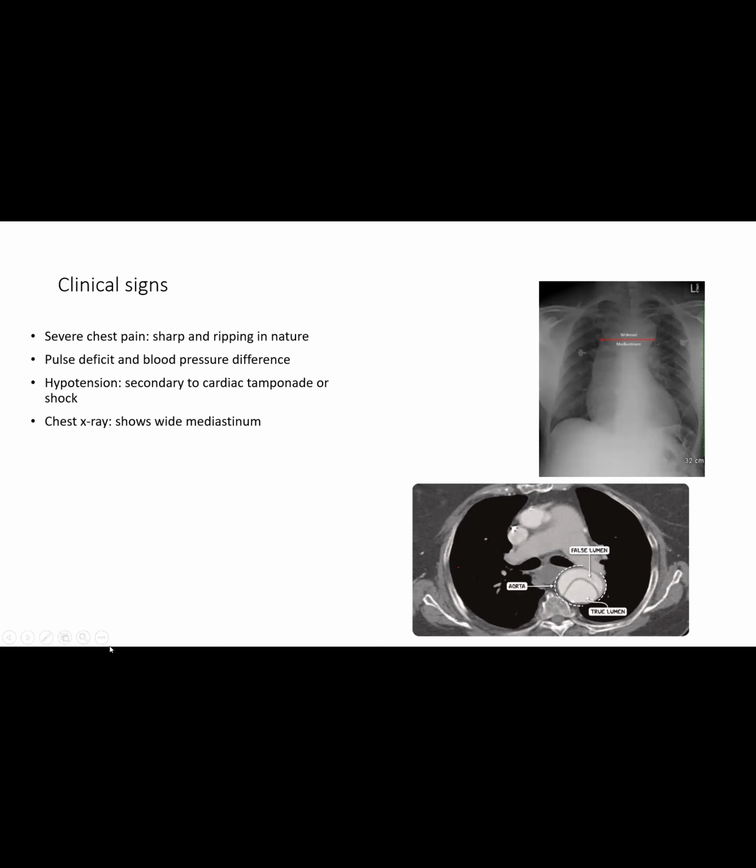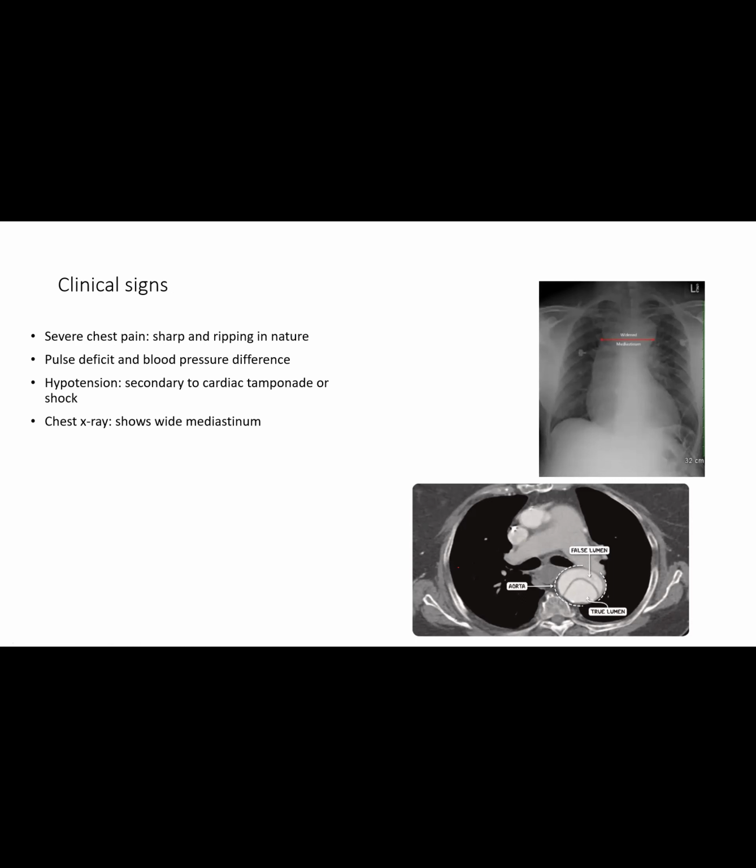And then there's also a pulse deficit and also a blood pressure difference. There's an asymmetric blood pressure reading, classically associated with type A aortic dissections, secondary to the compression or occlusion of the left subclavian artery.